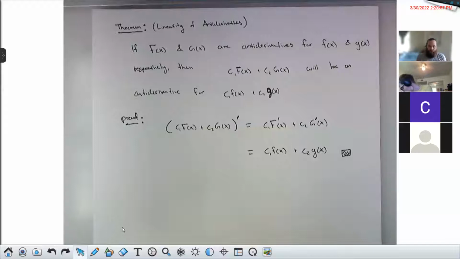Putting the two rules we just discussed together, you can find antiderivatives for any polynomial or linear combination of power functions. I'm going to give you one more little theorem here, and then we'll dive into a few problems.